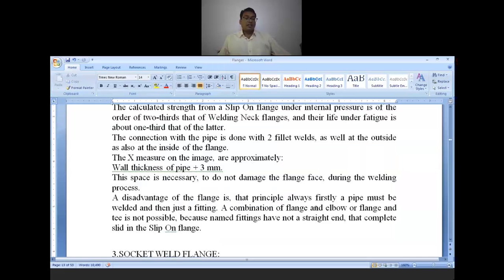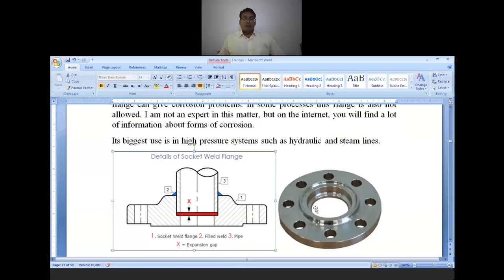Then the third is the socket weld flange. Now, the socket provided here, as you can see in this figure, is where the pipe will be properly fitted, and it minimizes leakages. For fitting of a pipe, a certain specific thickness and certain specific diameter is provided. These are the details of a socket welded flange.